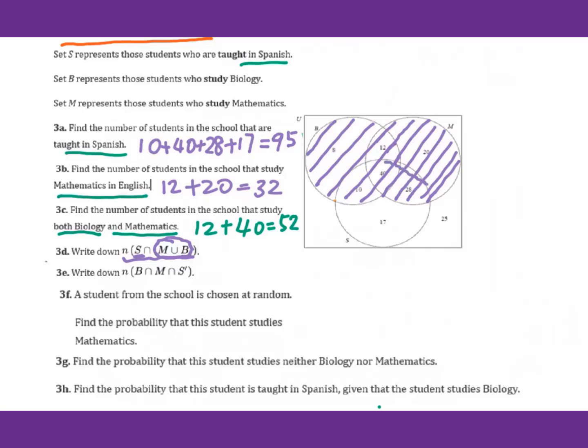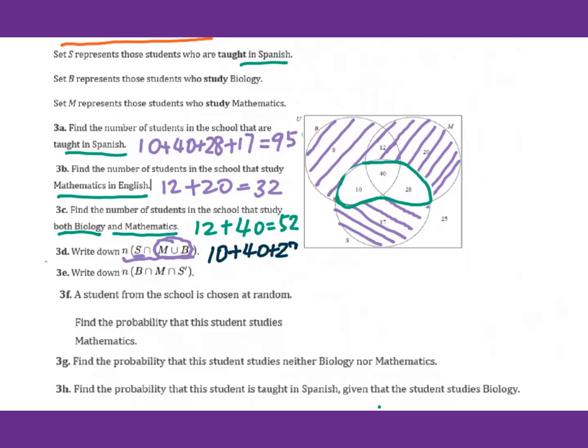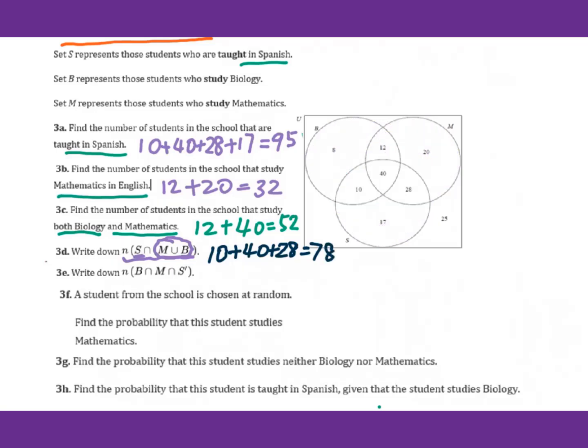I will do it this way. You could say this area is overlapped. So we need to add all numbers in this area. That will be 10 plus 40 plus 28 equals 78.